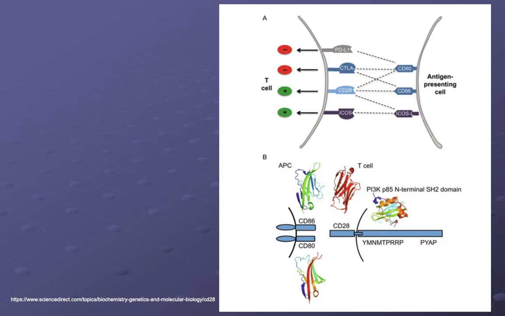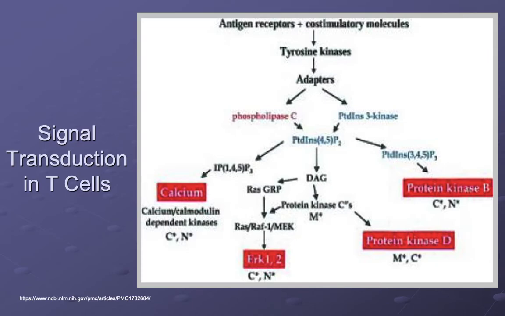CD28 can actually bind to such receptors. Yeah, that's everything I really need to mention about co-stimulatory proteins. Anyway, now let's move on to our discussion about signal transduction in T cells.